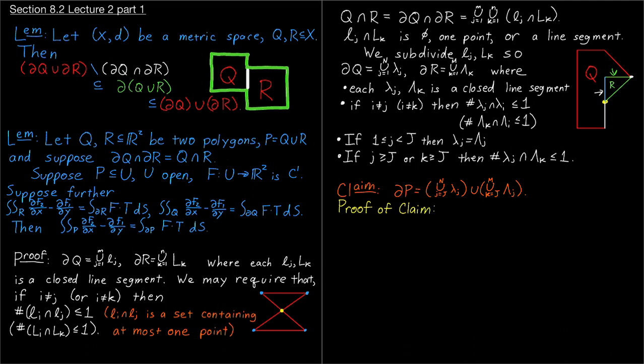And we have that by our useful lemma, the boundary of P is contained in the boundary of Q union the boundary of R. That is to say, it's contained in the union where we start not at big J, but at 1.